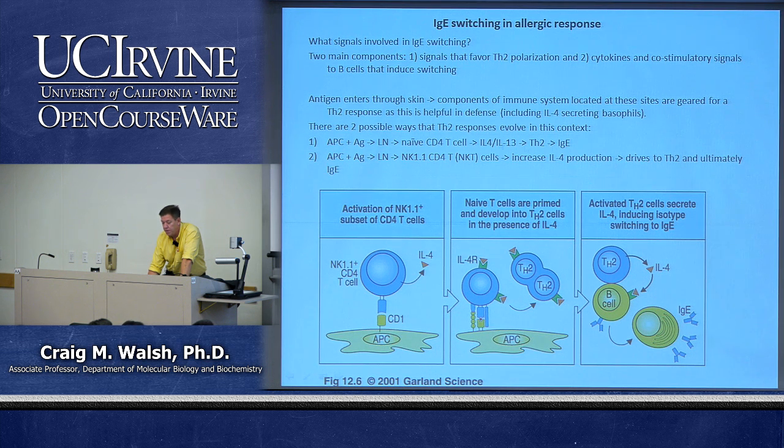So one way we talked about is that with a low dose of this antigen present, you tend to favor Th2, but because you have these NK T cells around producing IL-4, that can also tend to favor the generation of these Th2 cells. And again, the Th2 cells, by producing IL-4 and passing that along to a B cell, you then get isotype switch and plasma cell generation such that you get a lot of IgE produced.